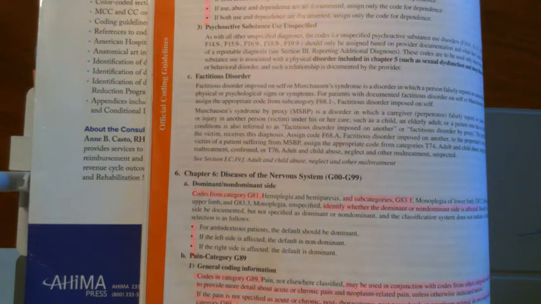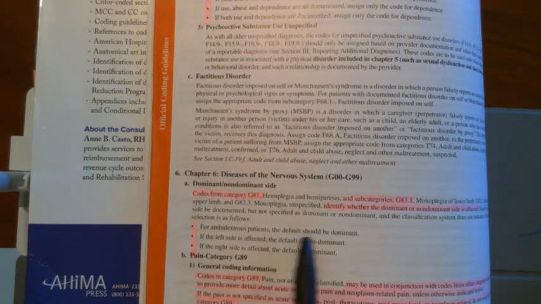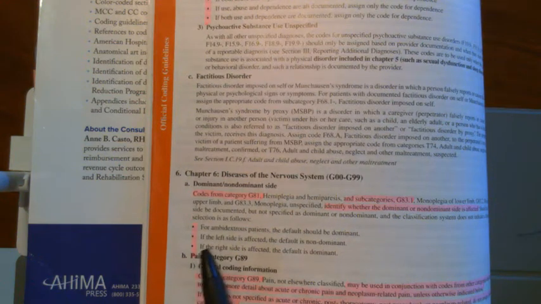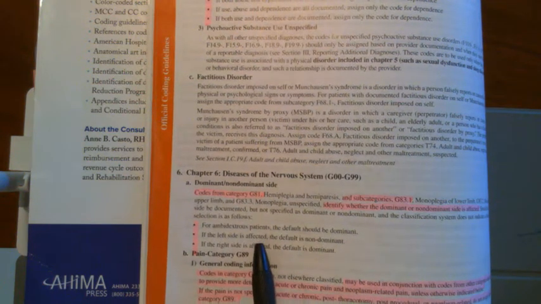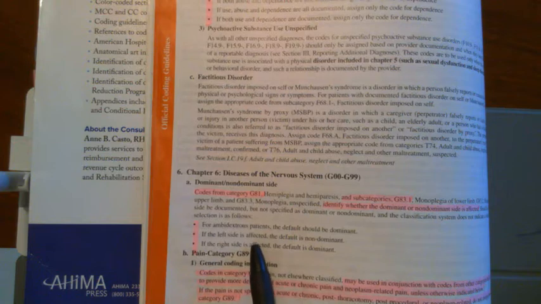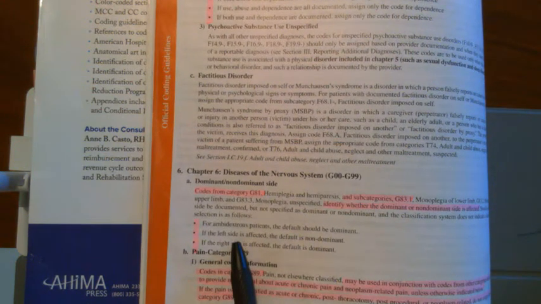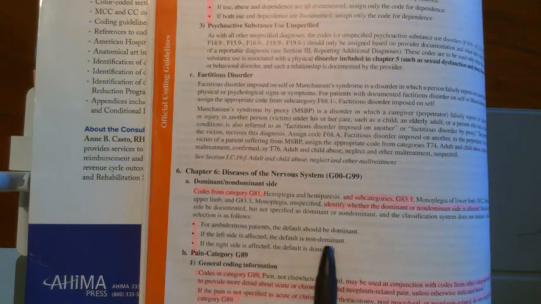Therefore, if we only have the laterality specified as right or left, we have to fall on the defaults of the guidelines, whether it's going to be coded to a non-dominant versus a dominant side. For ambidextrous patients, the default should be dominant. If the left side is affected and it's not specified as being the dominant side, we will default to the non-dominant side.